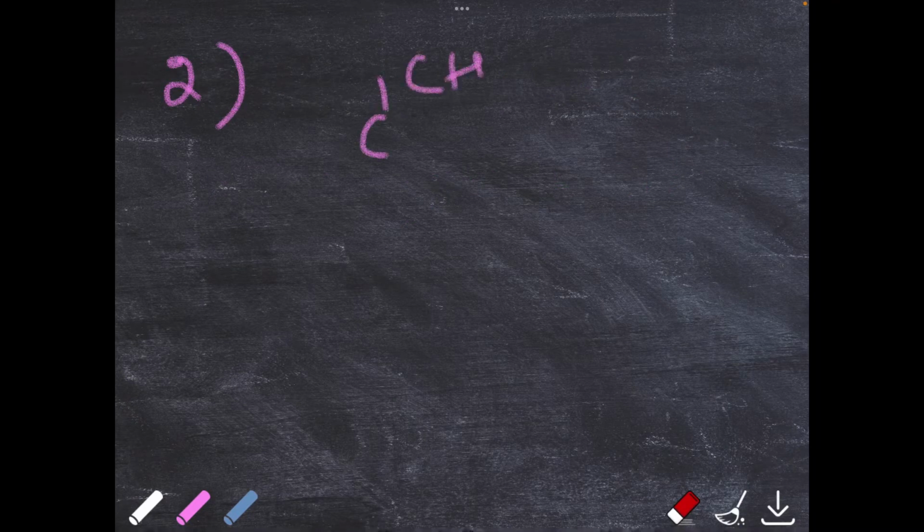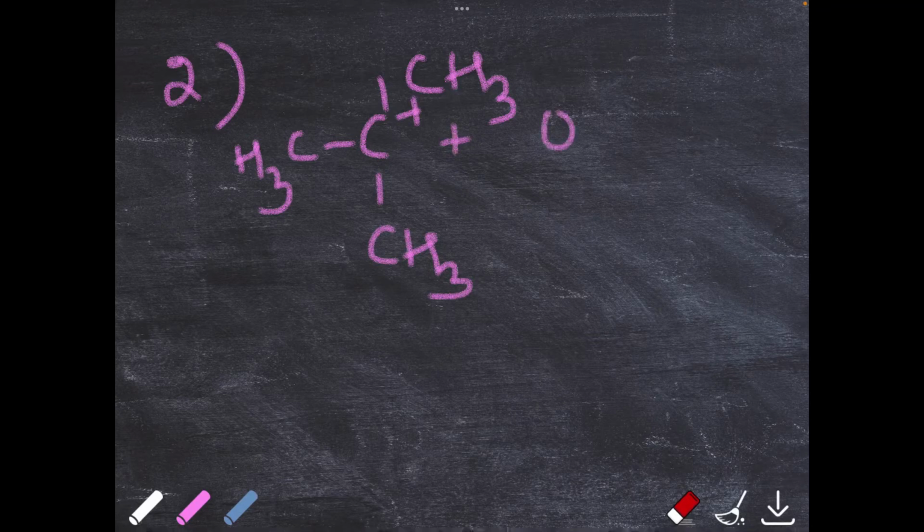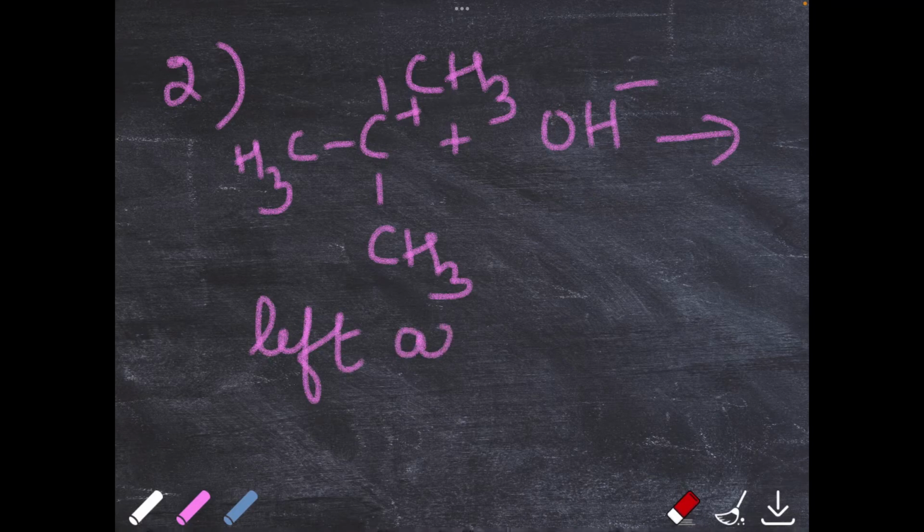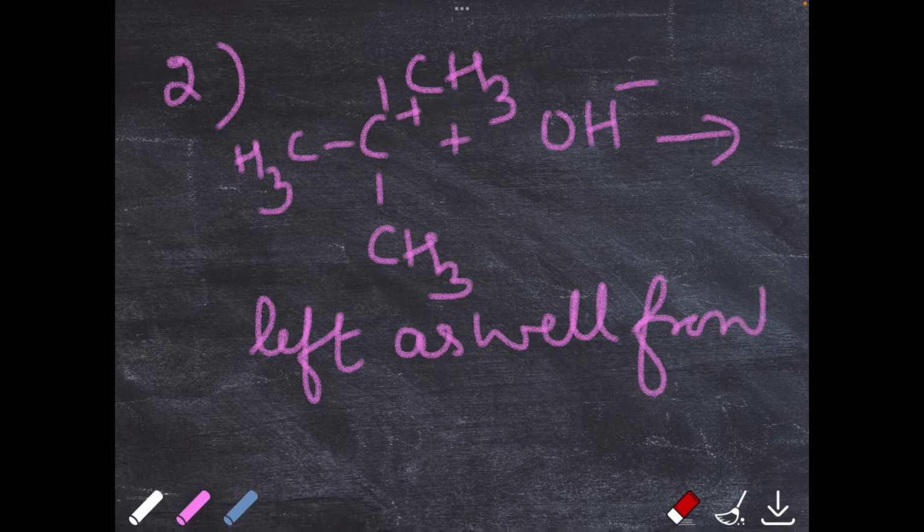Now once this tertiary carbocation has been formed, the second step is that this tertiary carbocation is attacked by the nucleophile, which can be OH minus, or any other nucleophile also. This attack is on the left as well as the front side of the carbocation.